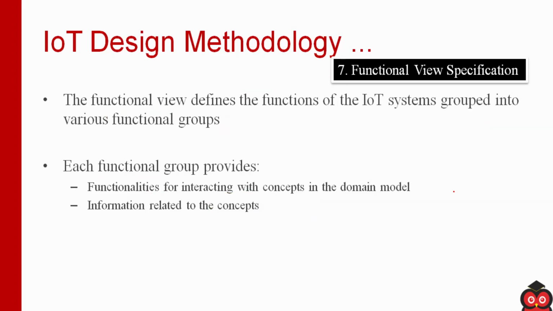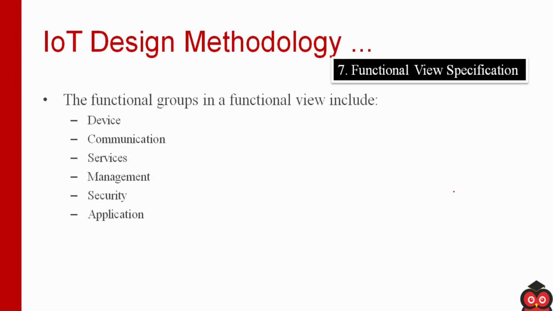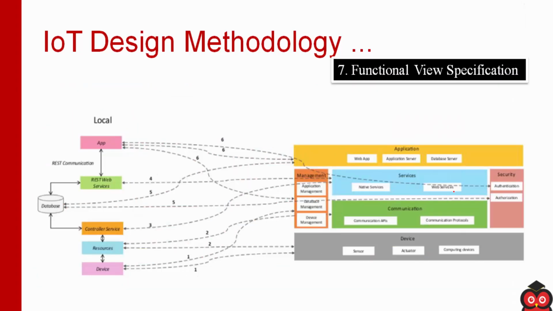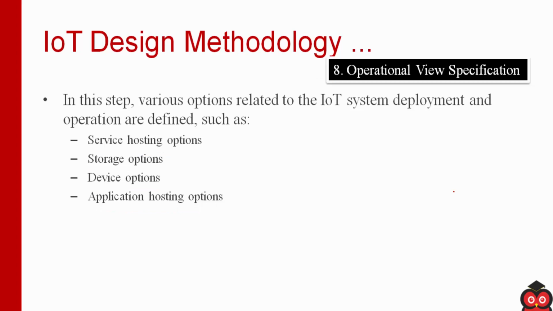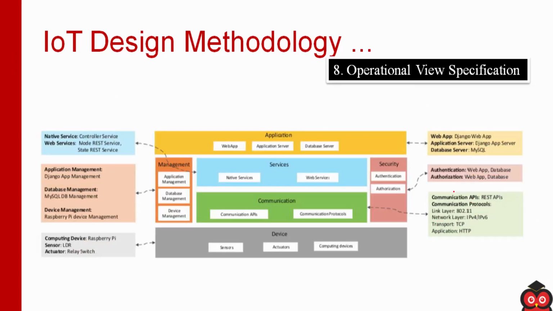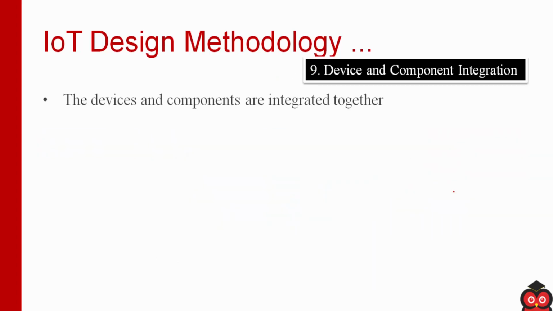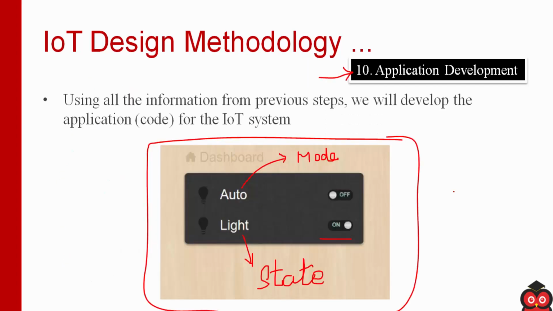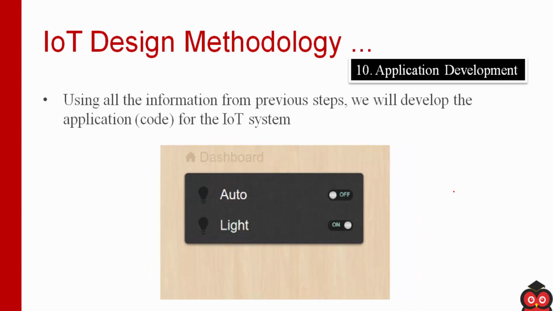And then we have seen the functional view specification, where there are several functional groups. So we have total 6 functional groups, and we are mapping the IoT level specification to these functional groups. After this, we are seeing the operational view specification, where we will be choosing the technologies like this. And after that, we have seen device and component integration, where we will combine the hardware. And the last step is developing the software for the IoT system.